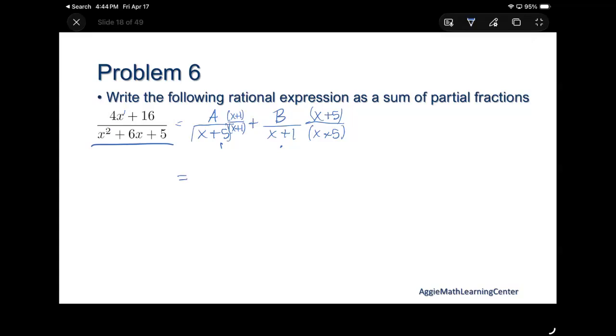So next step, I've got a times x plus 1 over my targeted common denominator, just as I planned, plus b times x plus 5 over the same targeted common denominator.